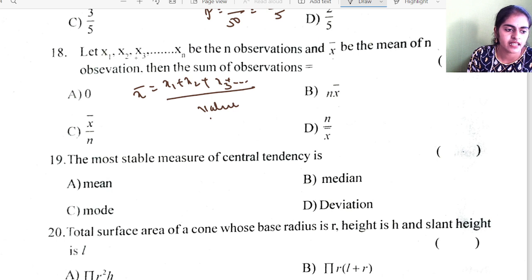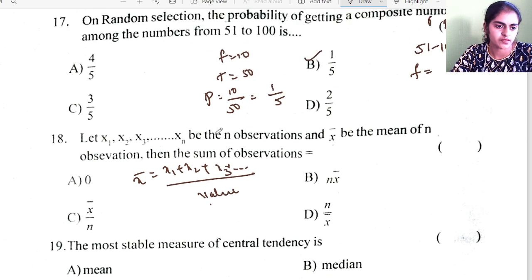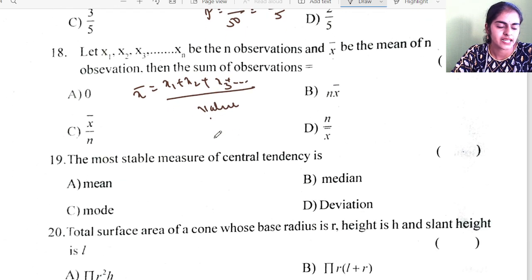Here I have taken x1, x2, x3 so on xn. So the observations are given.